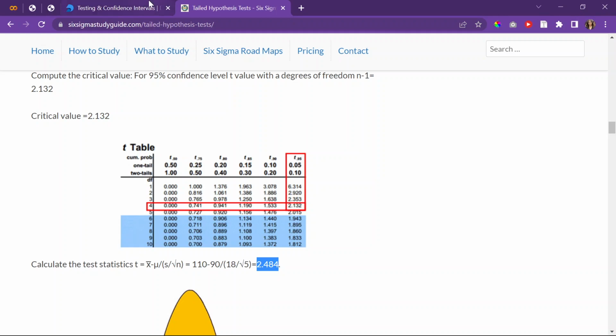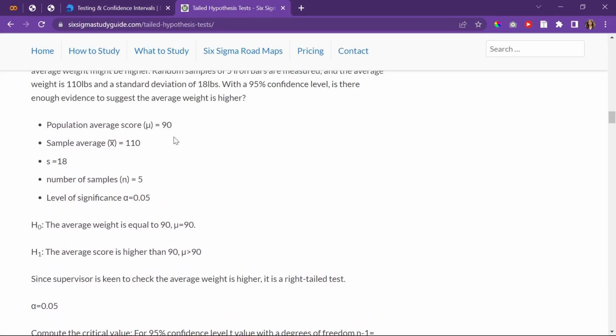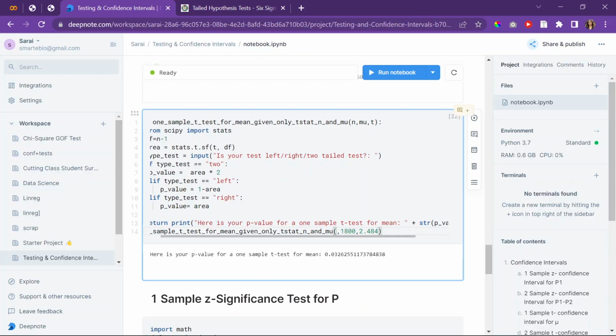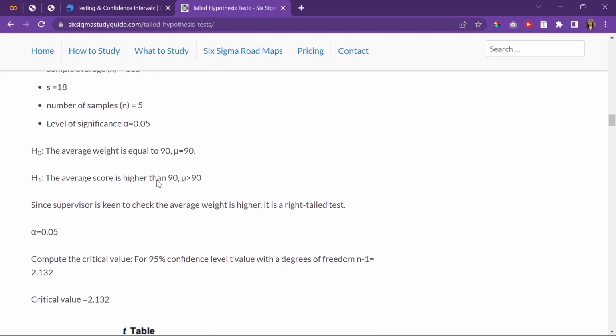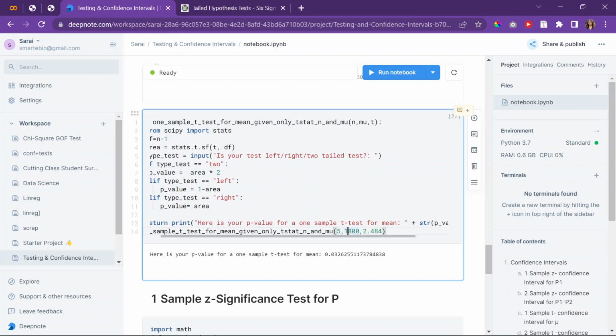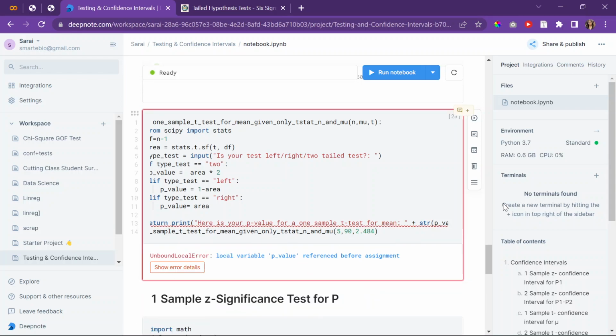This is the test statistic. That's what I need. So plug that in there. What's the sample size again? Sample size is 5. And then 90 is our number here. Okay, run that. This is a right tail test.